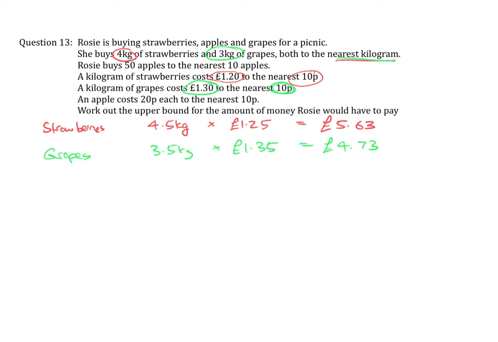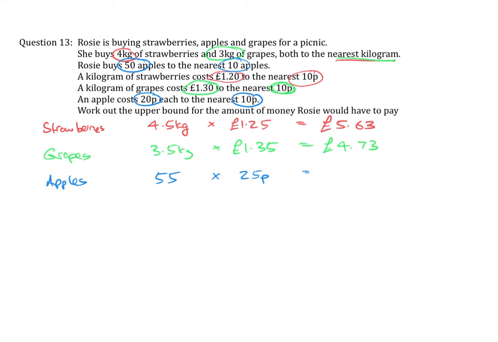Now let's look at the final one, which is apples. So she buys 50 apples to the nearest 10. So that means she could, in total, buy 55 apples. That will be the upper bound of the apples she buys. Apples cost 20 pence to the nearest 10 pence, so she could pay 25 pence per apple.